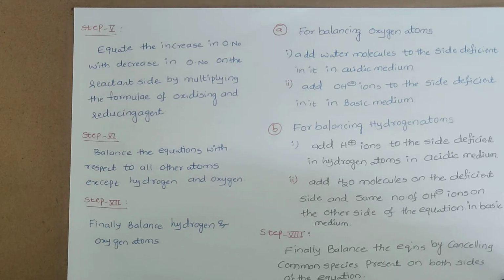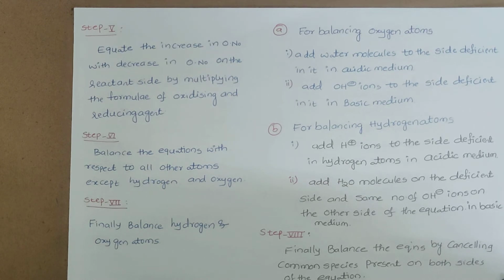Balancing the hydrogen atoms is the same as in the ion electron method, but balancing the oxygen atoms is different from the ion electron method.